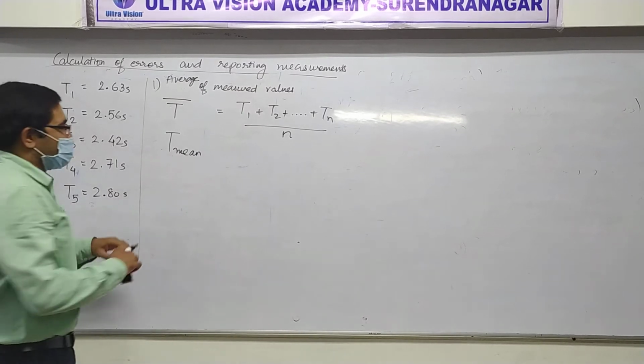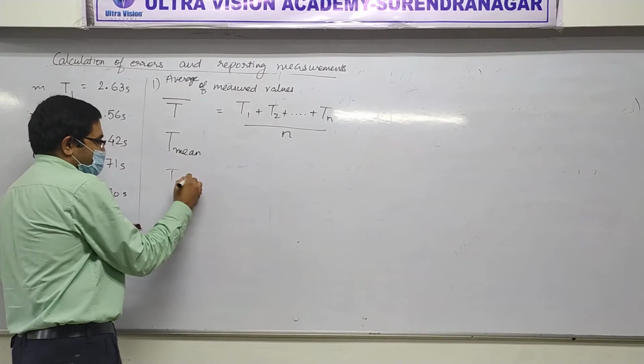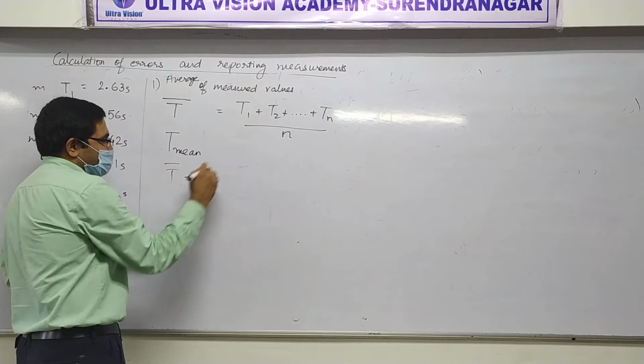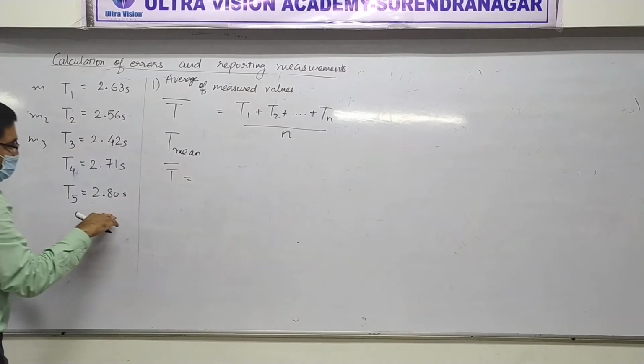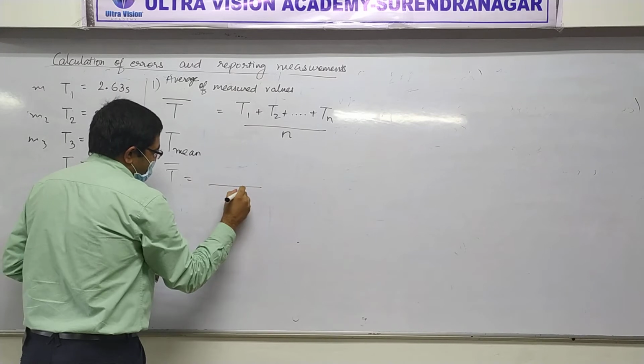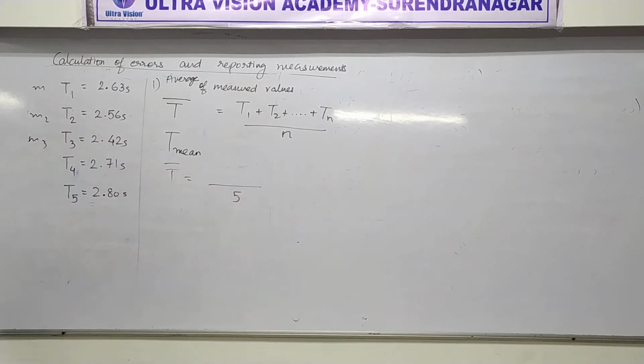Clear? So if I want to calculate it, then T bar should be equal to addition of all the 5 and divided by 5. Got that? Do it. Addition of all the 5 divided by 5. Hurry up, okay? Keep it fast.